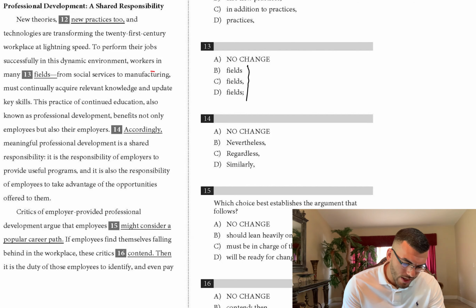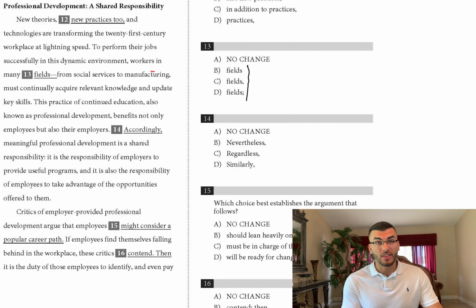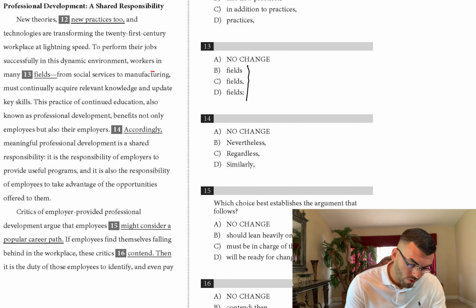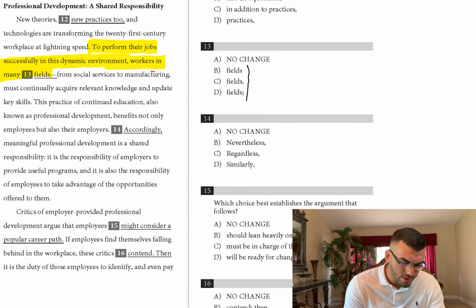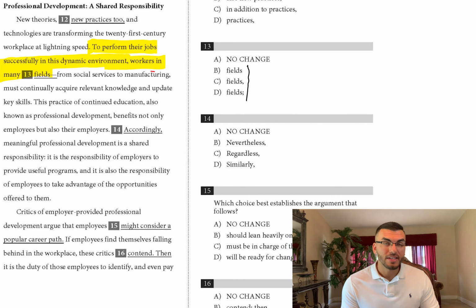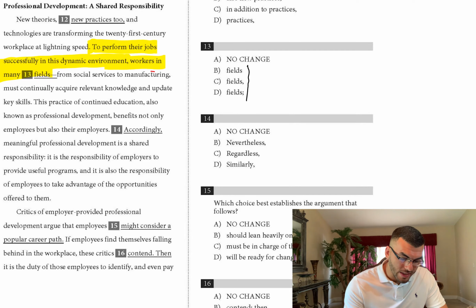Let me read the first sentence to the left of the line and see if it's complete or incomplete. To perform their job successfully in this dynamic environment, workers in many fields, is that complete or incomplete, guys? That's incomplete. The first sentence is incomplete.